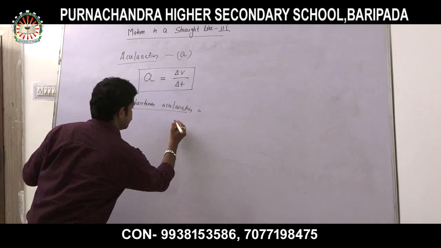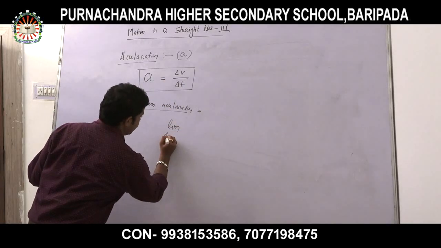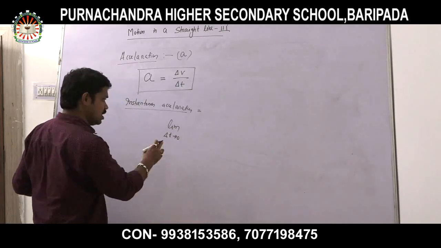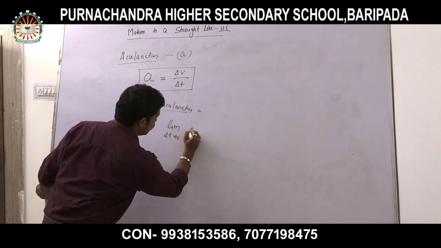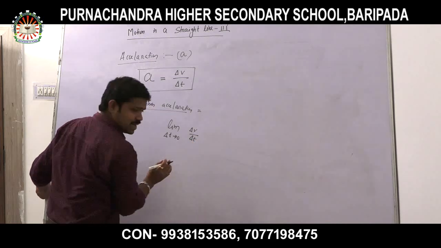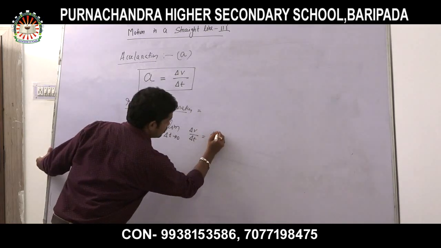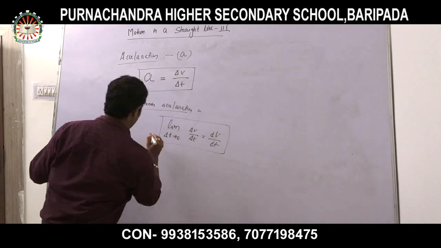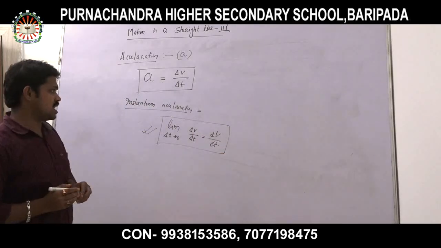Mathematically we represent it as a limit, in the same way, where the time period tends to 0, limit del t tends to 0 of del v by del t, which is nothing but dv by dt. So this is the expression of your instantaneous acceleration.